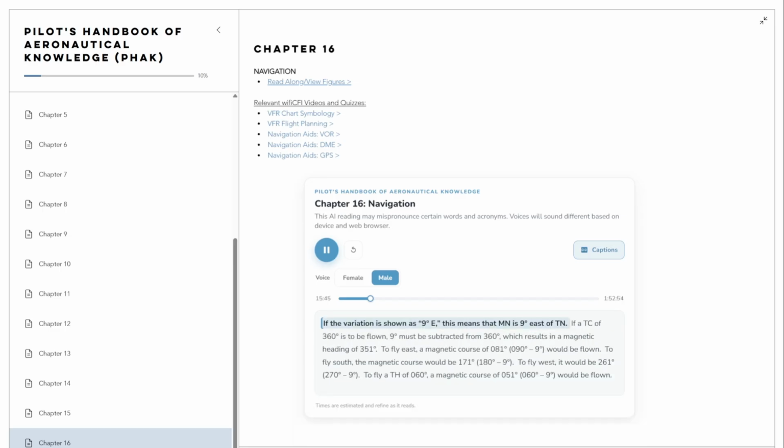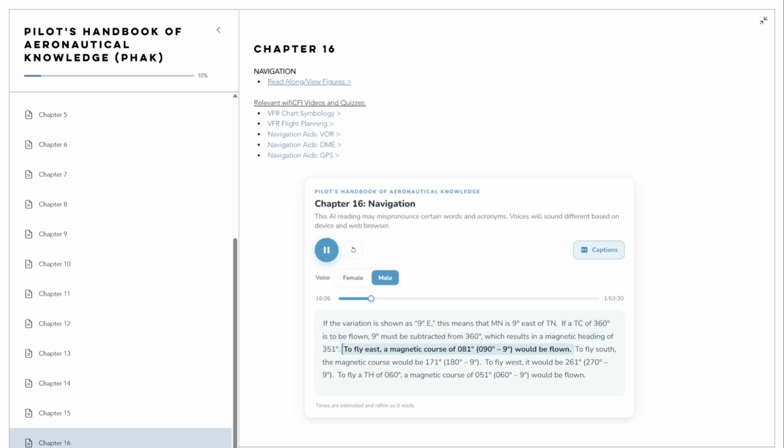If the variation is shown as 9 degrees east, this means that Mn is 9 degrees east of Tn. If a TC of 360 degrees is to be flown, 9 degrees must be subtracted from 360 degrees, which results in a magnetic heading of 351 degrees.